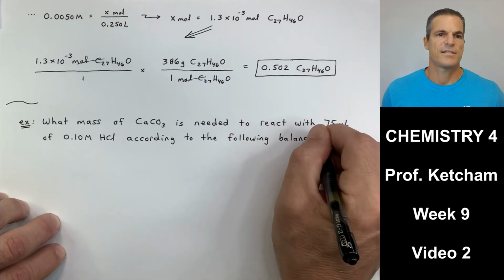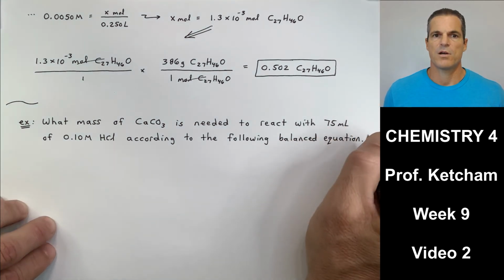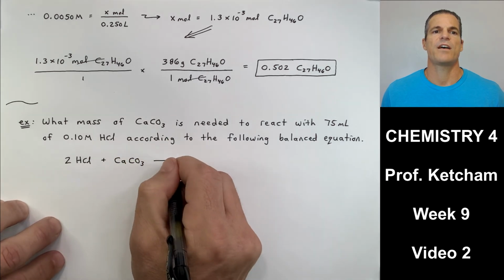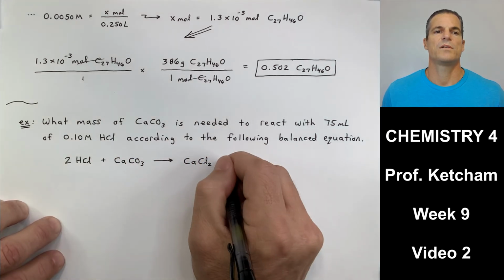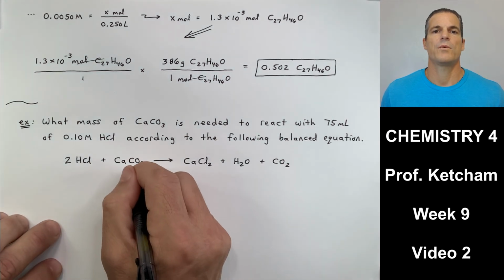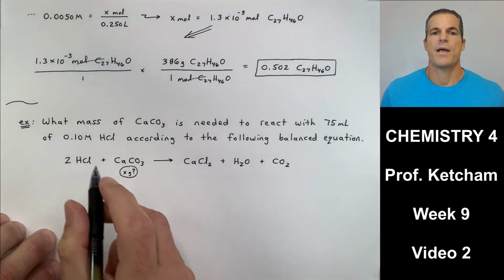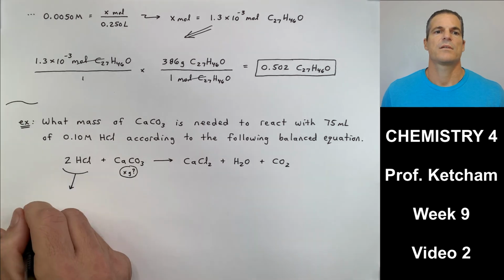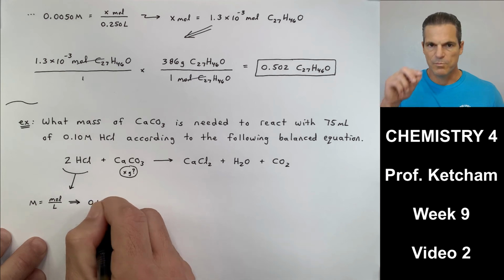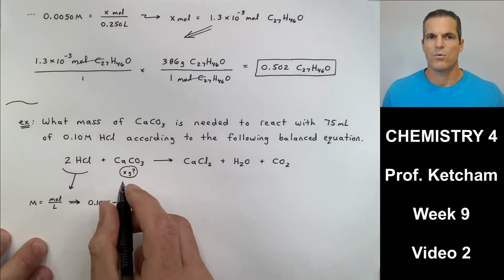Okay, next example. What mass of calcium carbonate, CaCO3, is needed to react with 75 milliliters of 0.10 molar HCl according to the following balanced equation? So the balanced equation is already done for us, and I want to find out what mass of calcium carbonate I need. So I put a little XG there just so I kind of know where I'm heading.